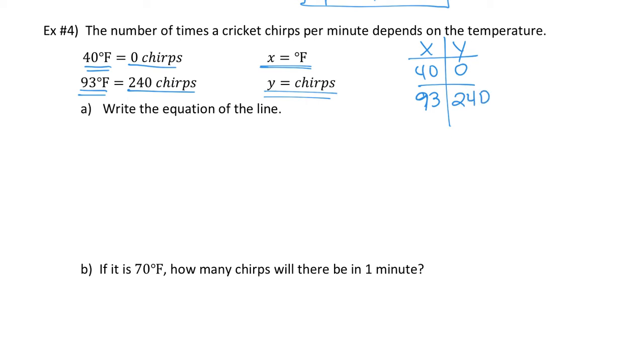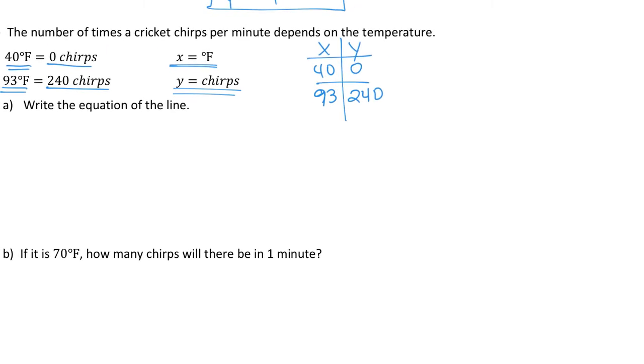Or if you want to set it up as a point, you could set it up as 40, 0 is my 1 point, and 93, 240. Maybe that makes more sense because that's how we've been seeing it. But we have to find the slope. So let's call this x1, y1, and x2, y2.